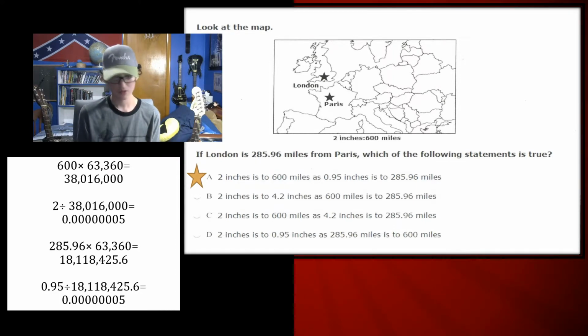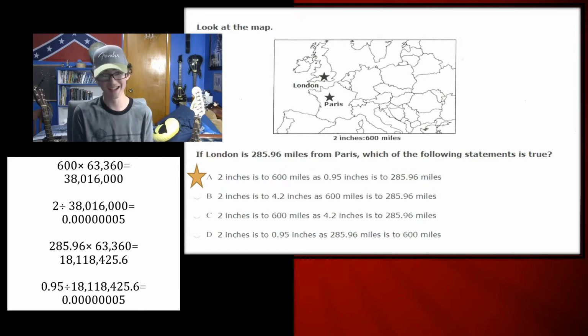So now, let's do the other one. 0.95 inches is to 285.96 miles, okay? So whenever you multiply 285.96 times 63,360, you'll get 18,118,425.6 inches, okay? So now you're going to divide.